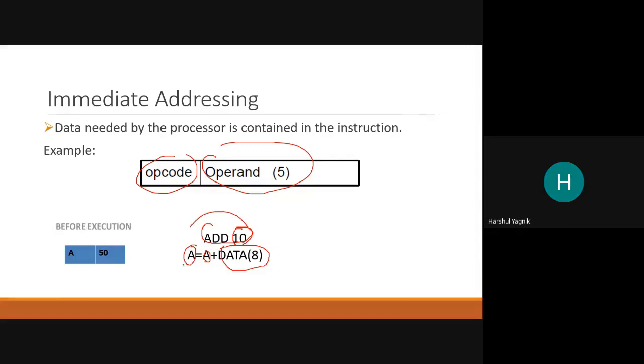Again, see this carefully. This instruction is a single accumulator computer organization instruction, meaning one operand is already in the accumulator. What is in register A? 50, sir. And what is the second operand that is given in the instruction?